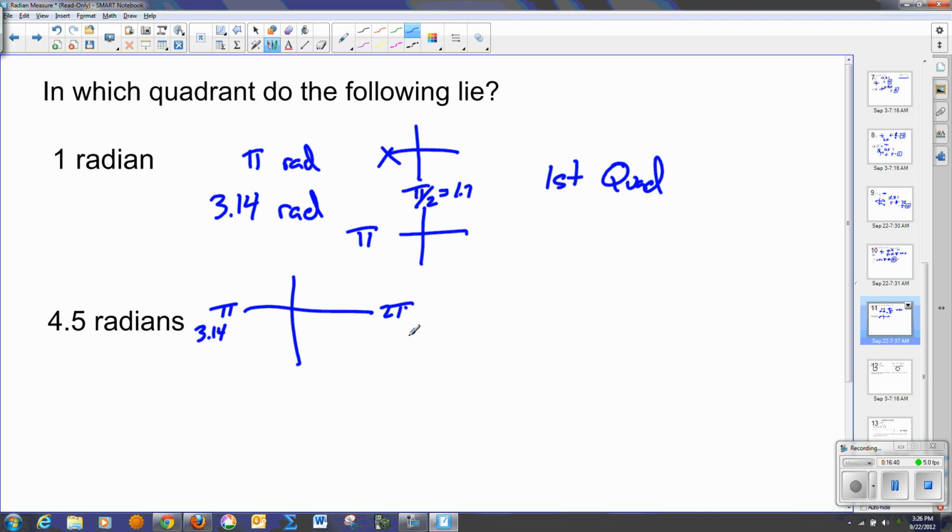I know 2 pi is double that, so 6.28. If I find the midpoint of those two, then I should be able to find where 4.5 radians is. It turns out that this axis here gives me 4.7 radians. So therefore 4.5 radians is somewhere down here in the third quadrant.